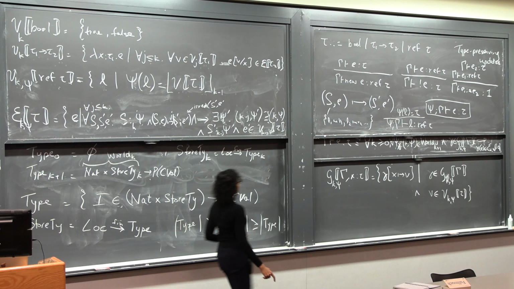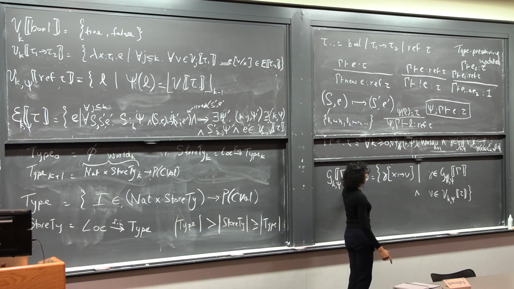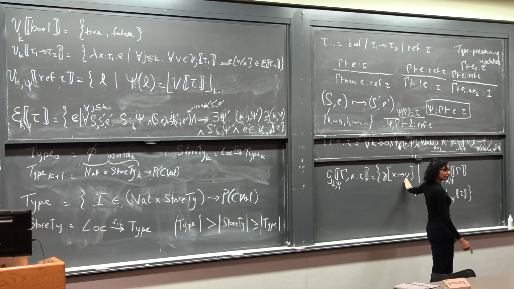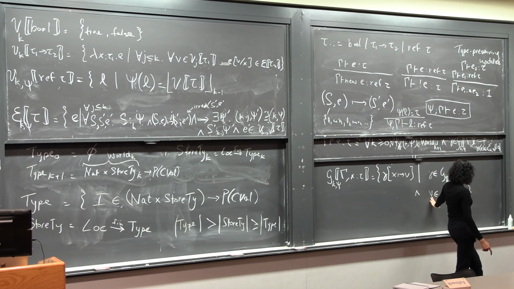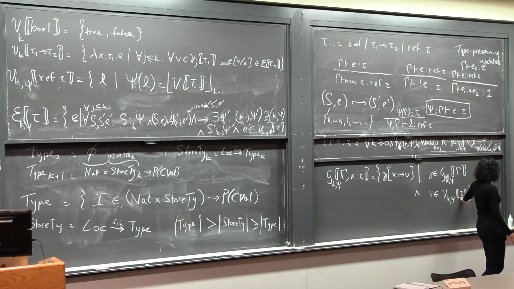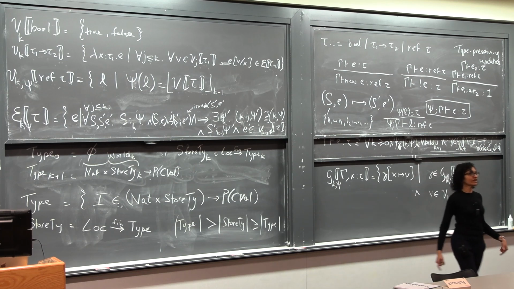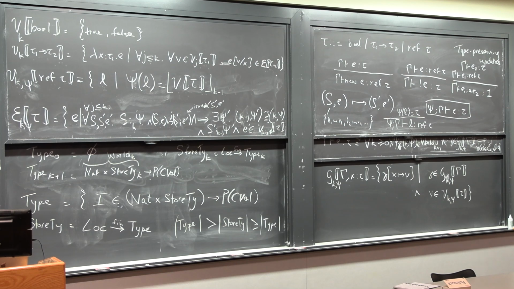So if I had some x in here that had a type ref tau, and what I'm trying to give you as a value for that ref tau is a location, what this definition will end up doing is asking that that location belong to that type ref tau, and then that definition will demand that this psi contain that location. Right? So that's how all of these things get tied up together.